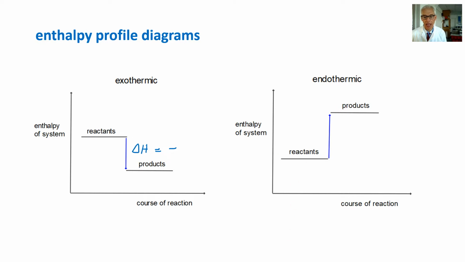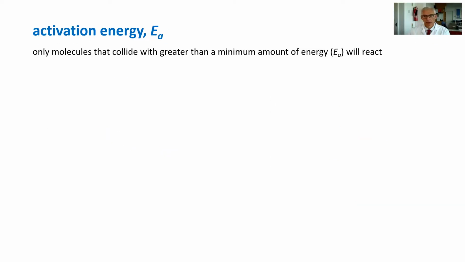That is, energy has been transferred from the surroundings to the chemical system. So that means the change in enthalpy, delta H, is positive. So the difference between the enthalpy of the reactants and the enthalpy of the products, delta H, is positive for an endothermic reaction.